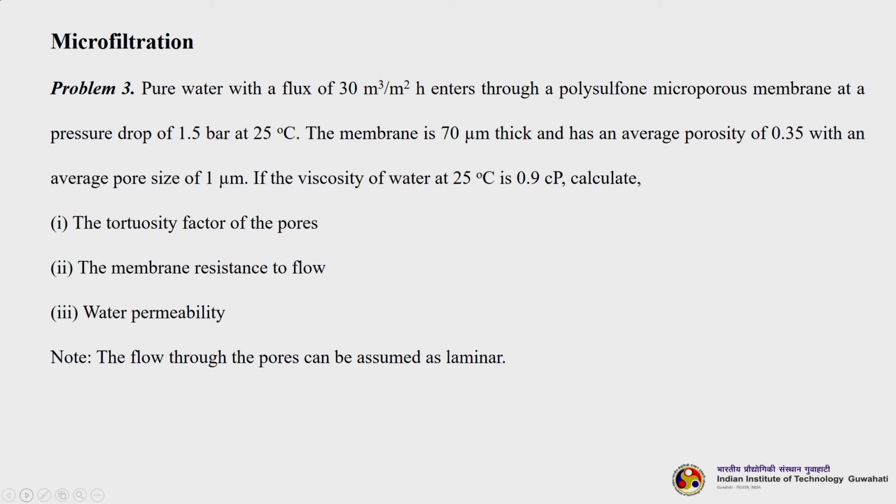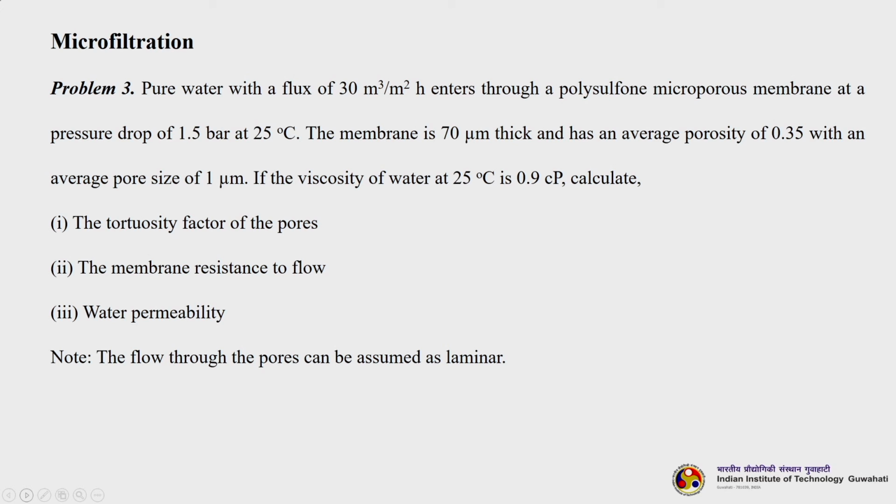The problem goes something like this: pure water with a flux of 30 meter cube per meter square hour passes through a polysulfone microporous membrane at a pressure drop of 1.5 bar at 25 degrees centigrade. The membrane is 70 micron thick and has an average porosity of 0.35 with an average pore size of 1 micron.